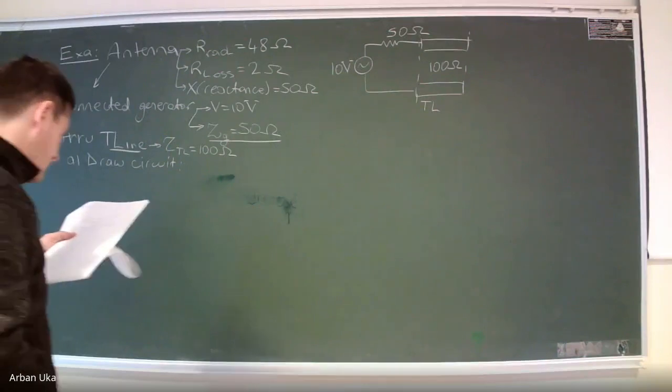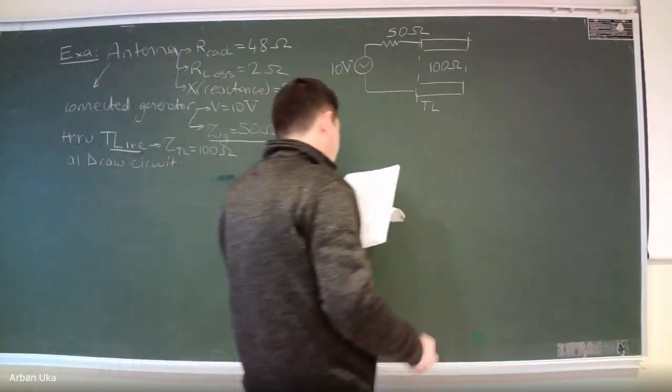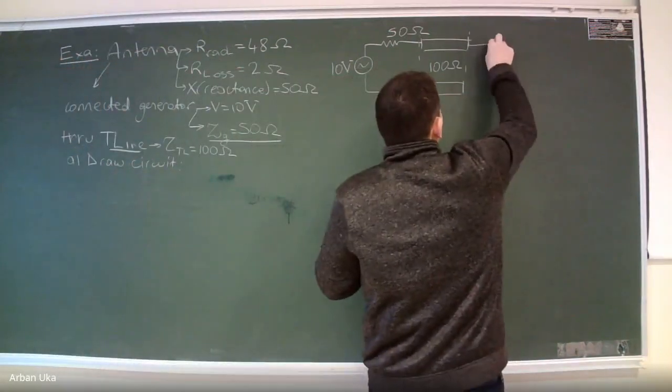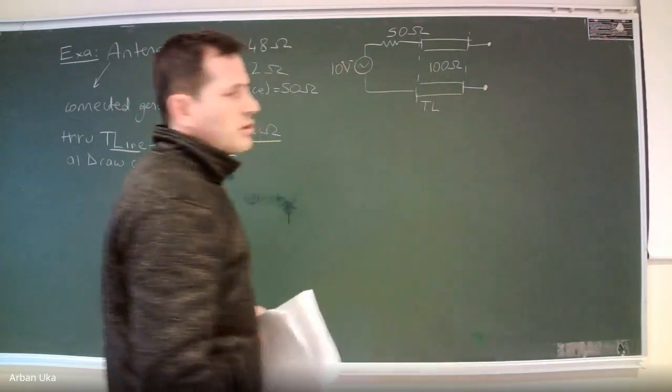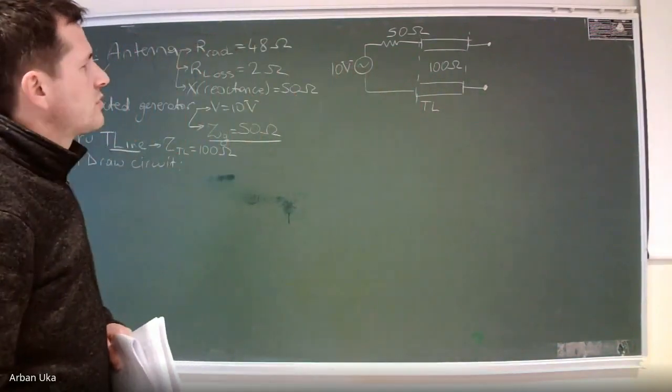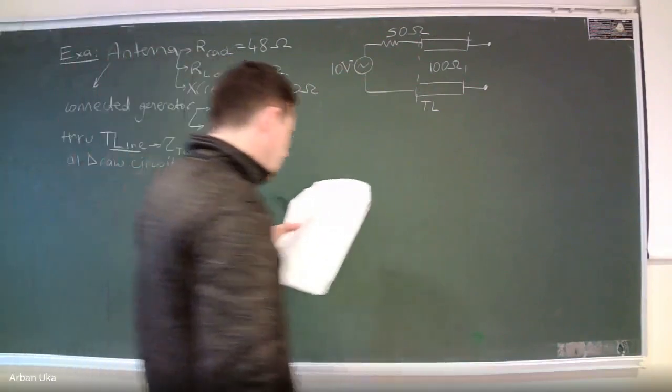This is the transmission line, and then on the other side we'll have the connection of the transmission line with the third component of the whole construct, which is the antenna.